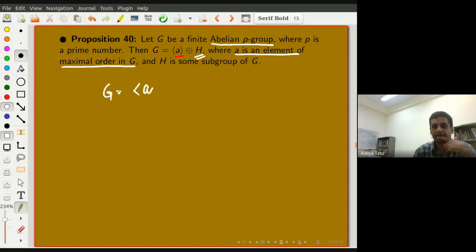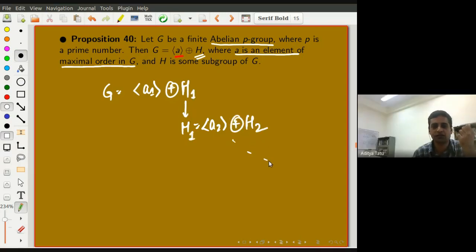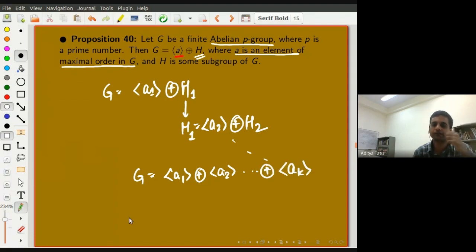G is some A1 direct sum H. Then we can write H as the cyclic group generated by A2 direct sum K, where A2 is the element of maximum order in H. And so on and so forth, till you basically get G isomorphic to A1 Cartesian A2 Cartesian up to Ak, which is what we want to show.